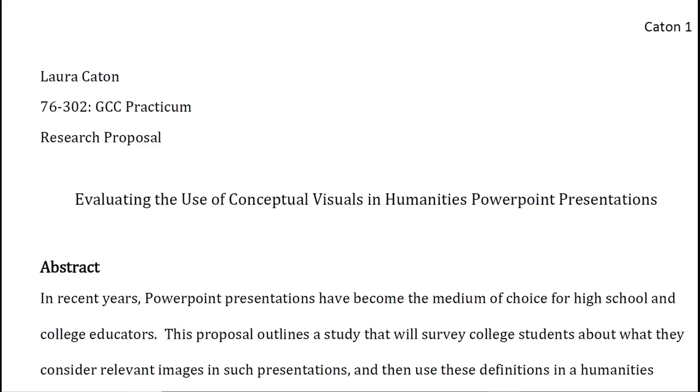So people often use these conceptual images, like if you're talking about hierarchy, put a picture of a pyramid to suggest the idea of hierarchy. And so she's just wondering, is that a good way to do this?